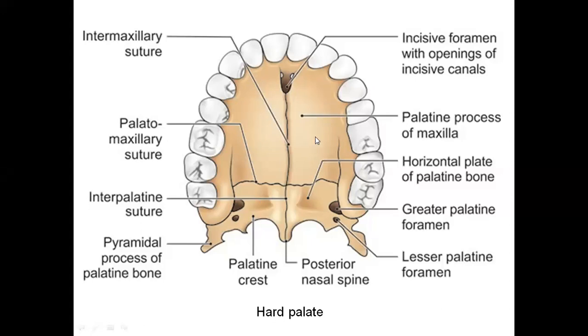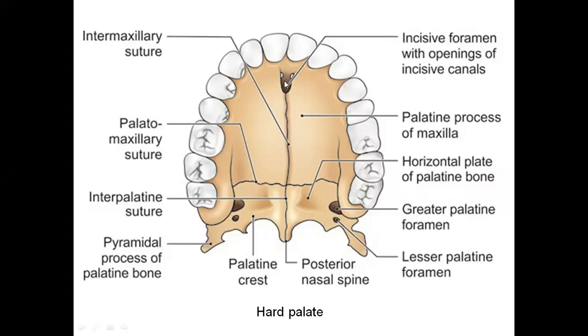You can see the hard palate is formed by the palatine process of the maxilla, which contributes the anterior 2/3, and in between we have the intermaxillary suture. The posterior 1/3 is contributed by the true palatine bones, which is the horizontal plate of the palatine bone. Between these two bones, we have the interpalatine suture, and posteriorly we have the posterior nasal spine.